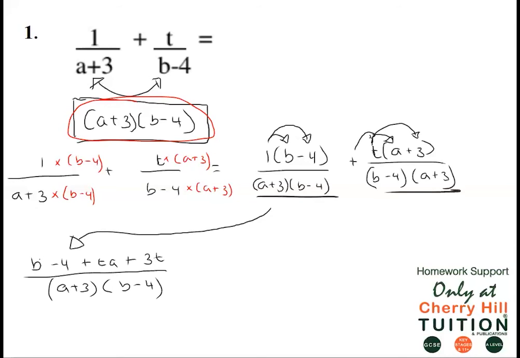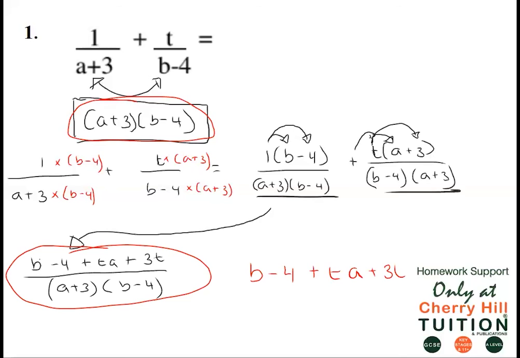Okay? So hopefully you can see that there is no way that we can simplify this answer because we have no like terms. So this is your final answer. Okay, so let me rewrite this. So our answer is (b-4+ta+3t) all over (a+3)(b-4).